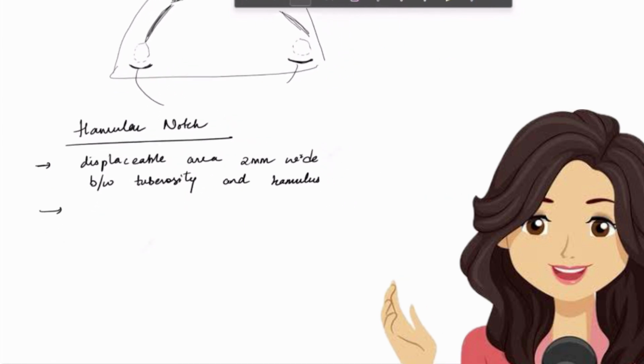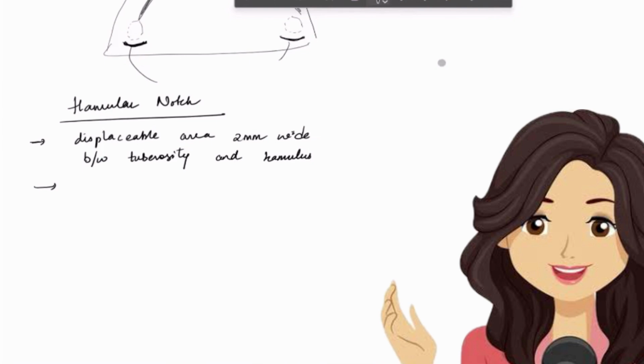The 2 millimeter wide area present between the hamulus here and the tuberosity anteriorly is called the hamular notch. It is your posterior limiting area of a denture. How do you locate it? Locate it with the help of a mouth mirror that you slowly move across the ridge, and where you feel a depression after the tuberosity, that is the hamular notch.